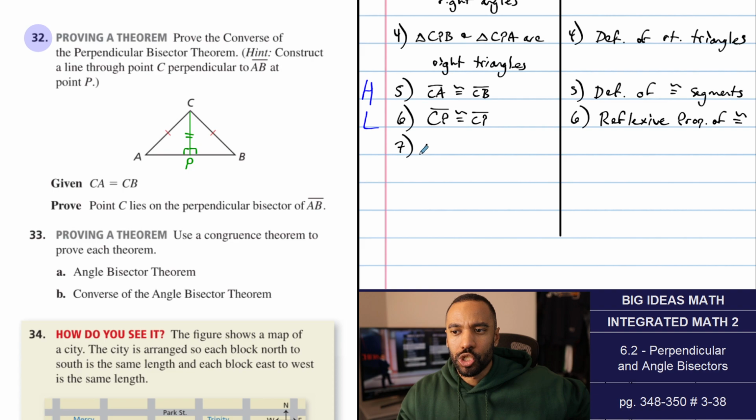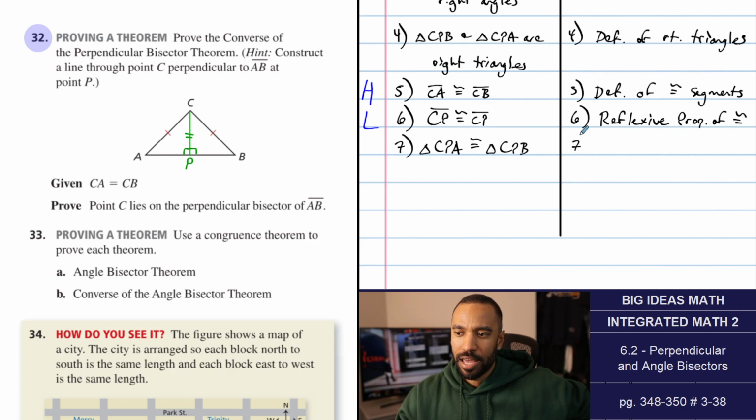Statement 7 is triangle CPB is congruent to triangle CPA. Let's see. Let's put A first. Triangle CPA is congruent to triangle CPB by the hypotenuse leg, HL, congruence theorem.